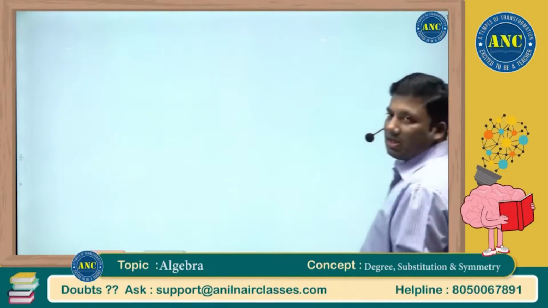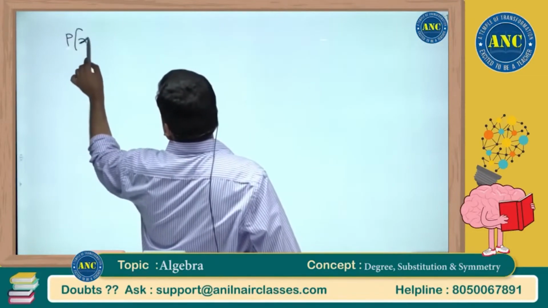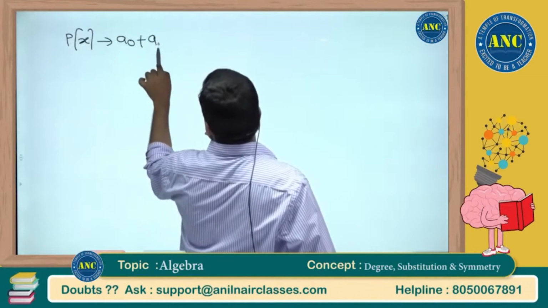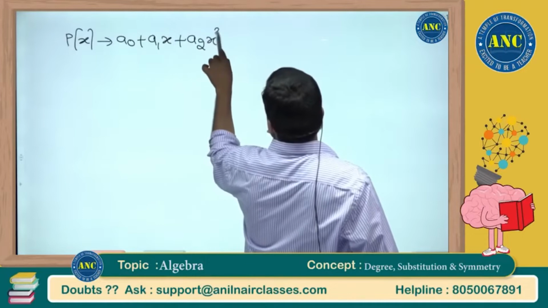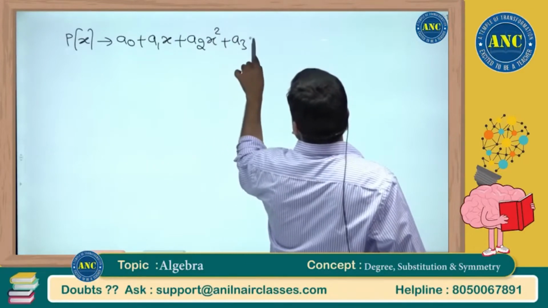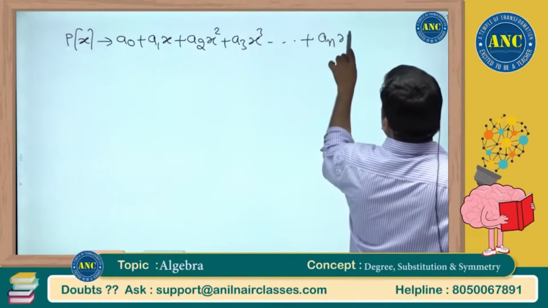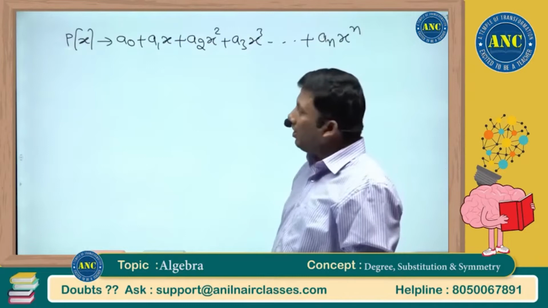Then comes, suppose P of x is an expression. The general form of an expression is a0 plus a1x plus a2x square, a3x cube, and so on up to an x power n. P of x is a polynomial expression.